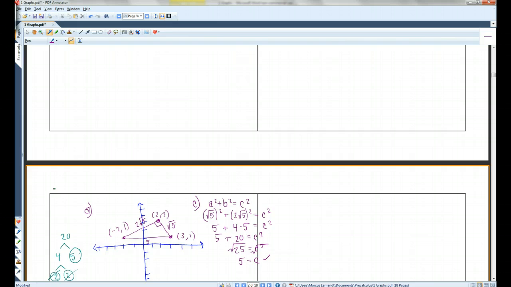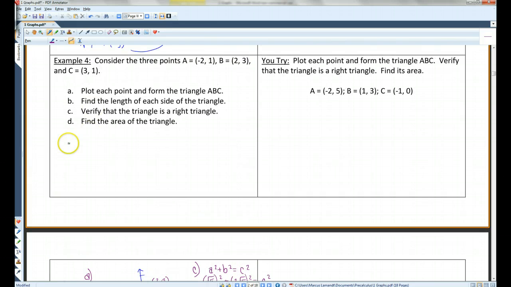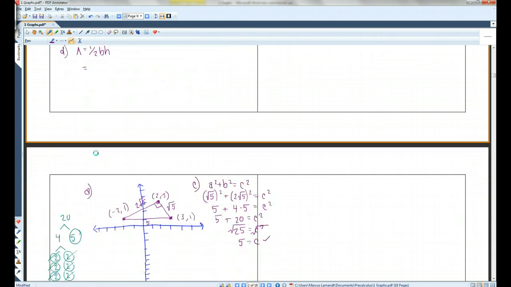Alright, last step. Find the area of the triangle. I'm going to do this up here since I don't have any more room down there. If you guys remember, the area of a triangle is 1/2 base times height. Now, if this is a right triangle, we can just make this the base, this the height. We don't have to find any kind of altitude.